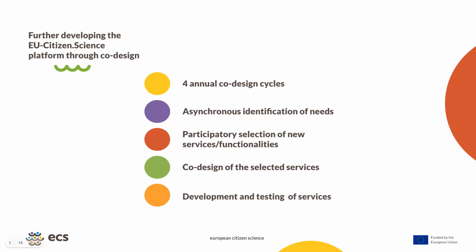The ECS Co-Design Process is conceived as a continuously evolving iterative process divided into 4 annual cycles. The delineation of these cycles aligns with the platform's final updates, meaning that we could say that today marks the end of the first cycle and at the same time the beginning of the second.